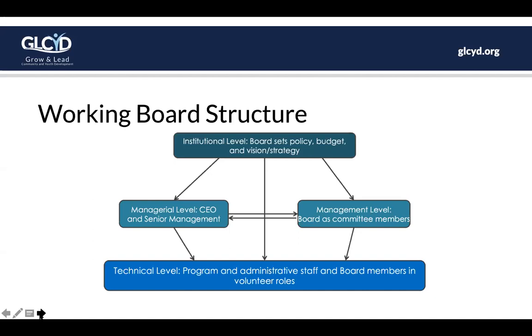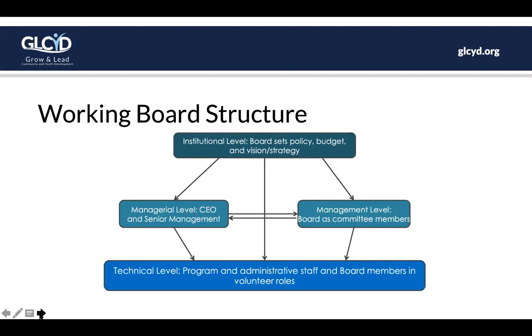So in this level, the board is setting the policy, the budget, vision, strategy, those 10 things we talked about as a board at the top. But then in the middle, at the management level, depending on how many resources you have and where you're at in the process, you may have a CEO and management doing managerial, or you may have board members as committee members or committee chairs providing some of that management.